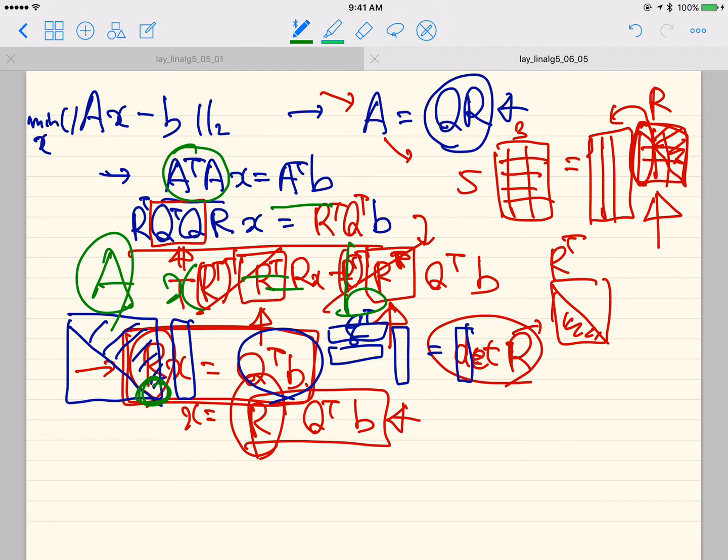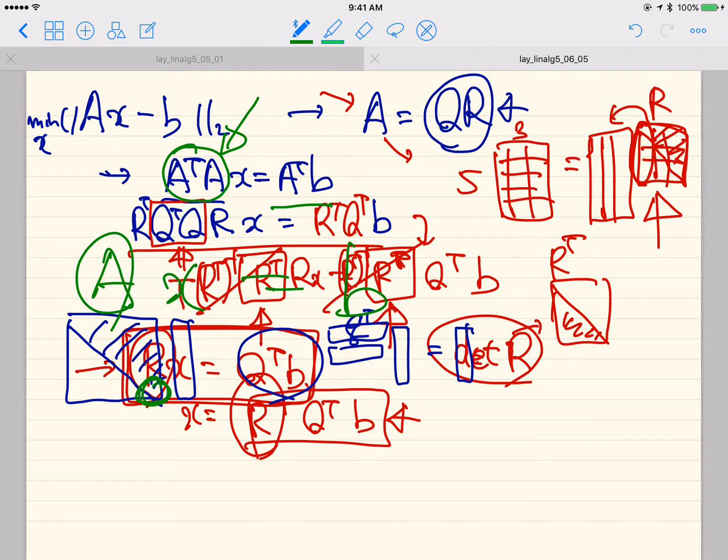But let's think about the shape or the characteristic of this matrix A transpose A. If your matrix A has linearly independent columns but is not orthogonal, A transpose A is a square matrix filled with all non-zeros. And so it's the most difficult version of the normal equation.